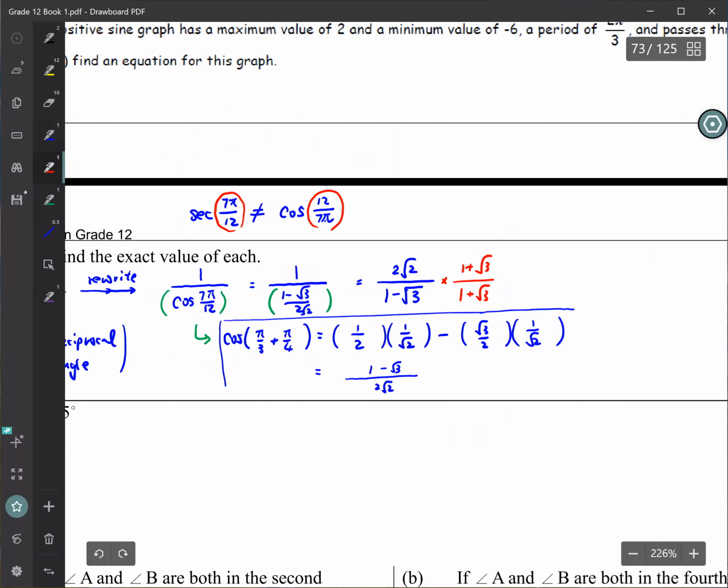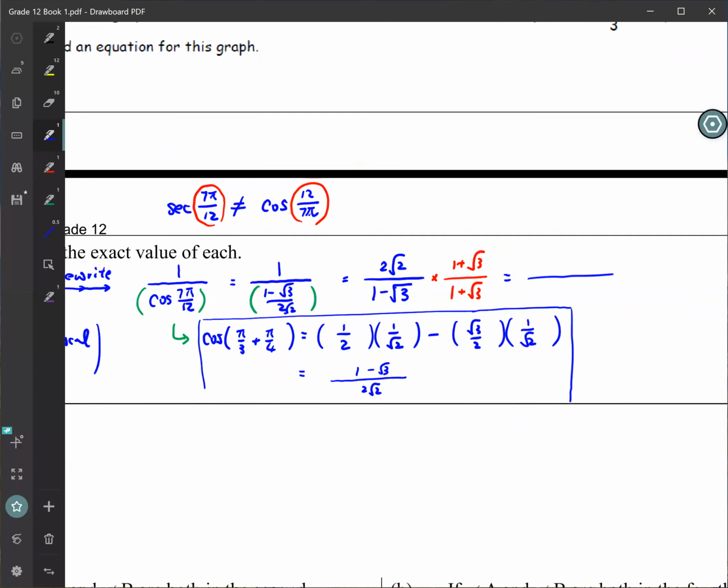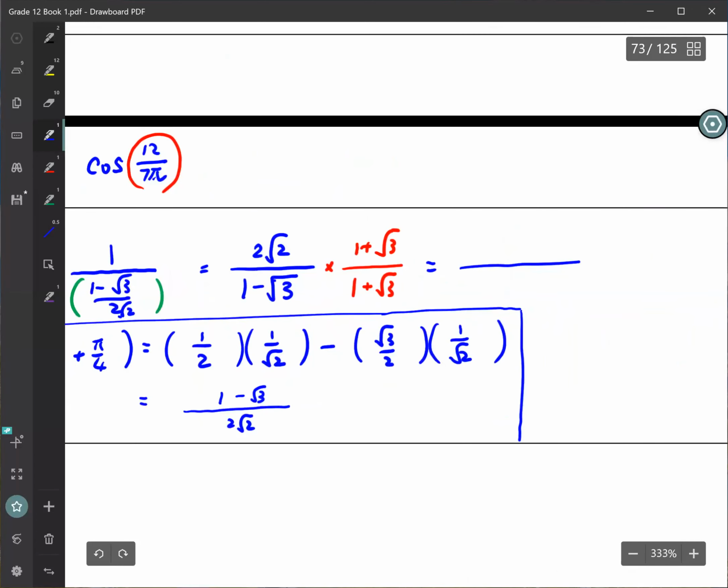And then you use the a squared minus b squared formula. Okay, so the denominator will now become what? Tiana, what's the denominator then? Is it 1?